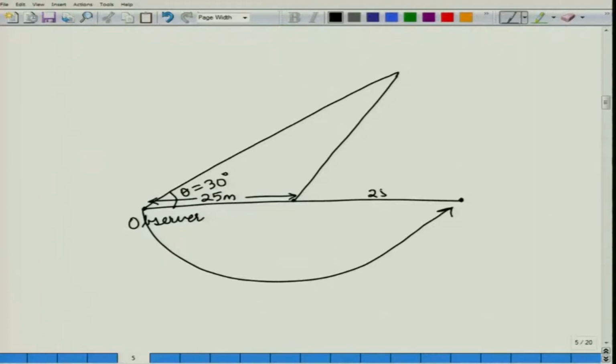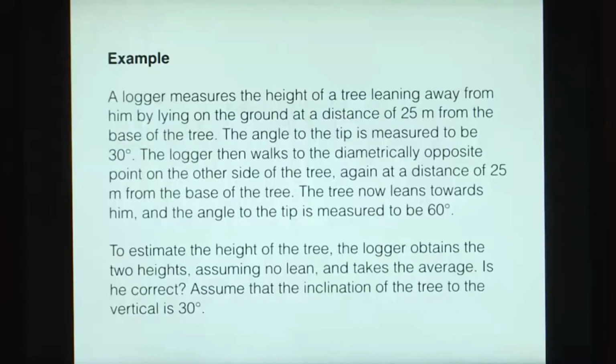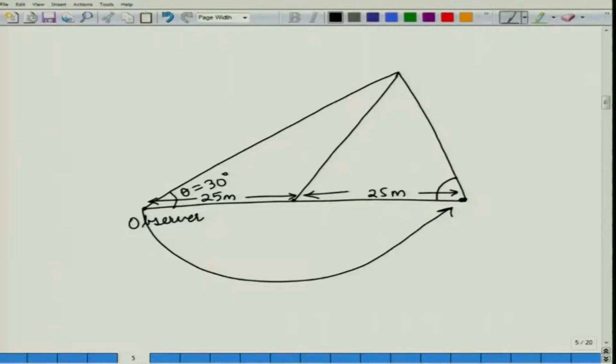This position again is at a distance of 25 meters from the base of the tree, and he is again measuring the angle of elevation of the tree. The tree now leans towards him and the angle to the tip is measured to be 60 degrees. So, he has measured this angle and this angle comes to 60 degrees.